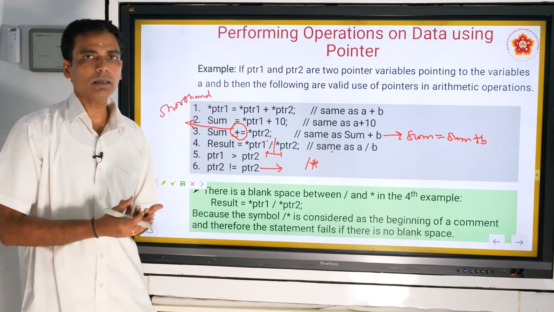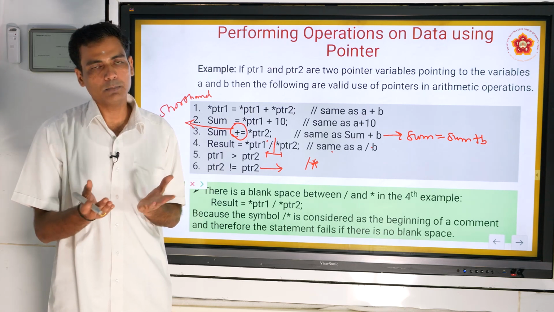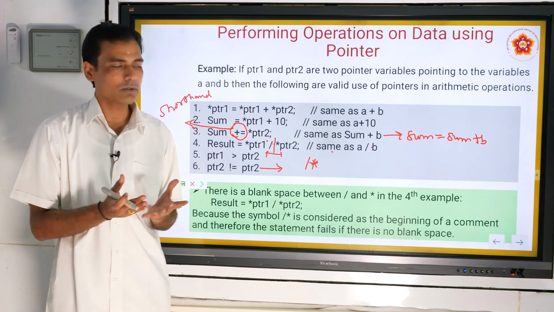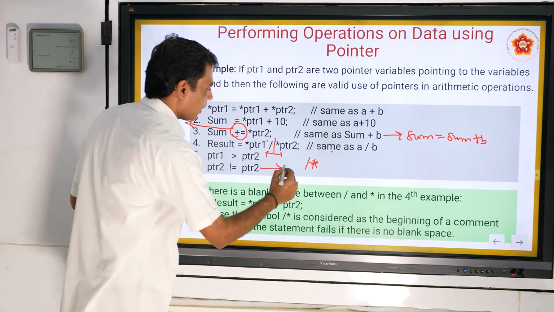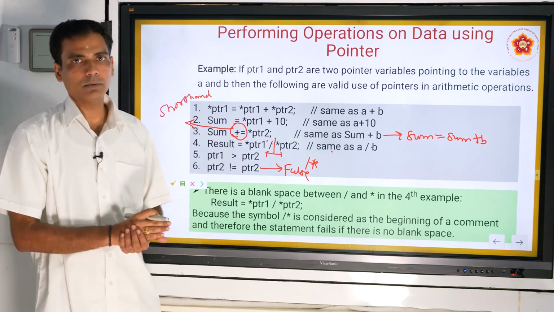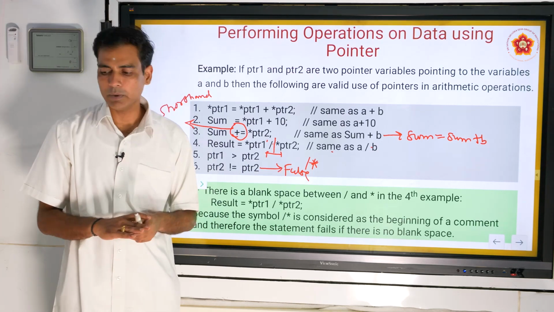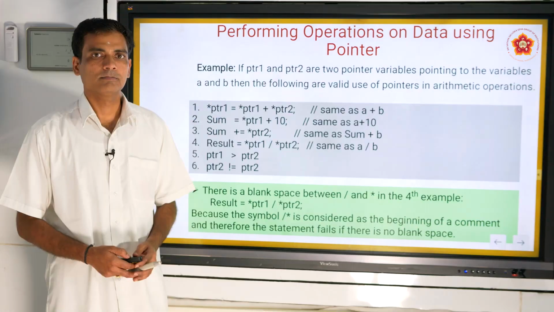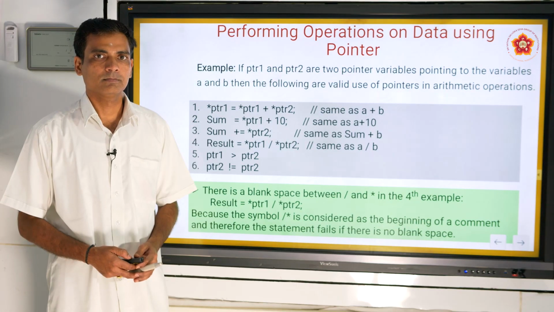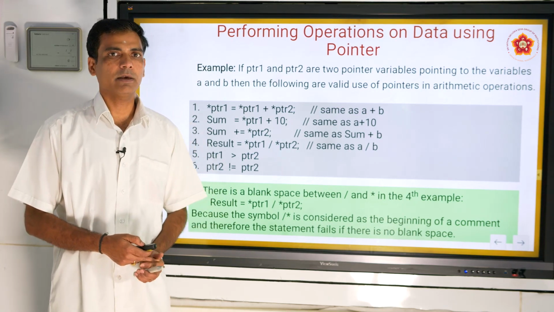We are checking the non-equality condition. Both are the same pointers, so it will return the value false. Actually they are equal, that's why it will return false. So these are the valid arithmetic expressions that we have seen.